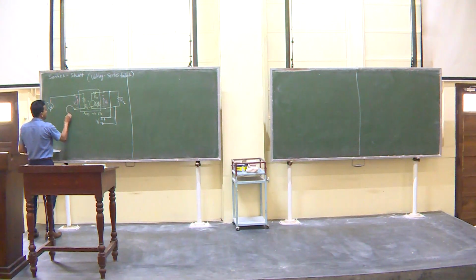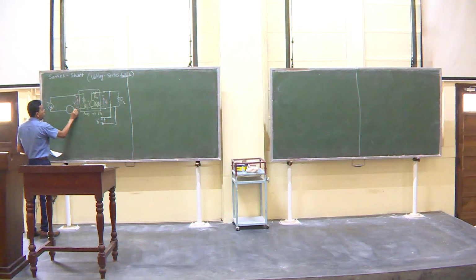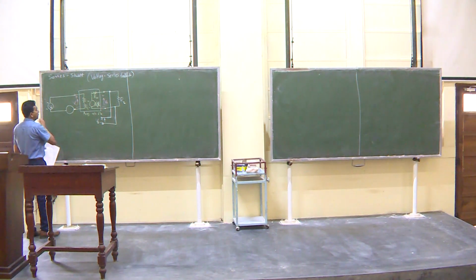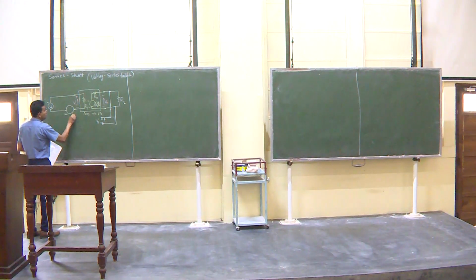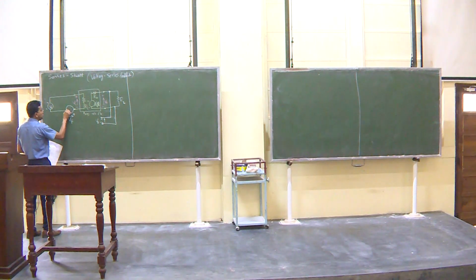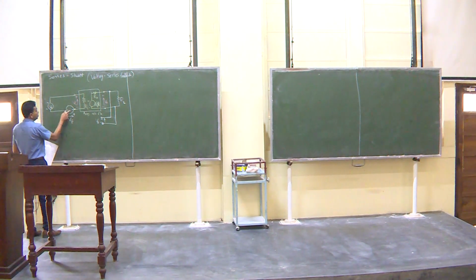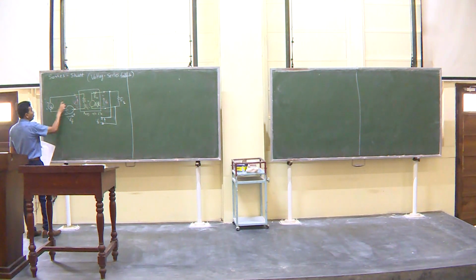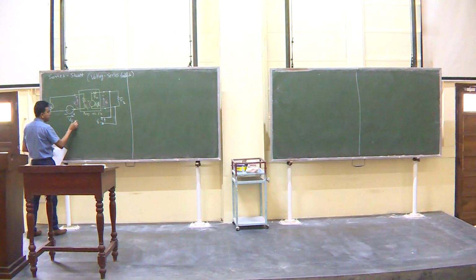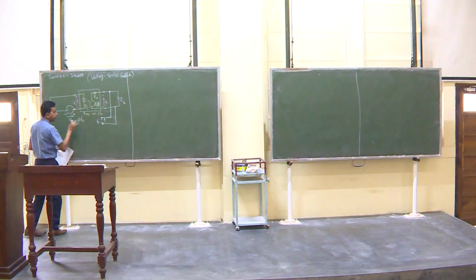But I represent the feedback with another voltage source, but it is a dependent voltage source. The direction is like this. This is Vf, the feedback voltage, right. So, it should be the same direction as this, so that this is equal to Vs minus Vf, okay, and this is equal to beta times V out.